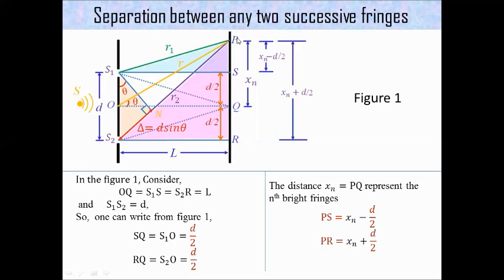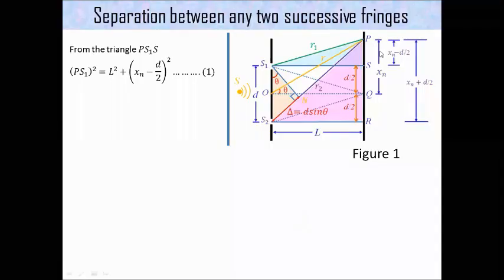Since PQ is equal to xn and SQ equal to D divided by 2, the distance PS will be equal to xn minus D divided by 2, and PR will be equal to xn plus D divided by 2.